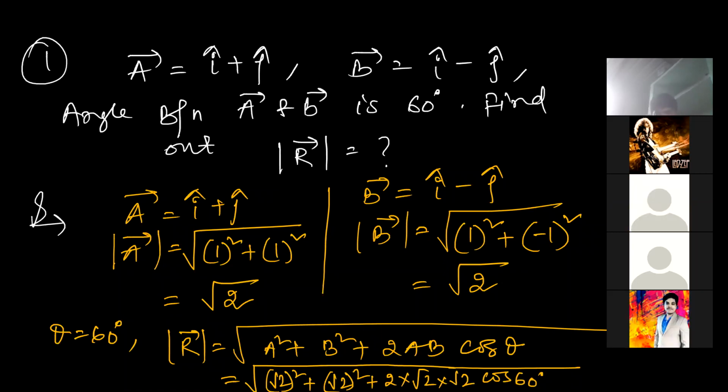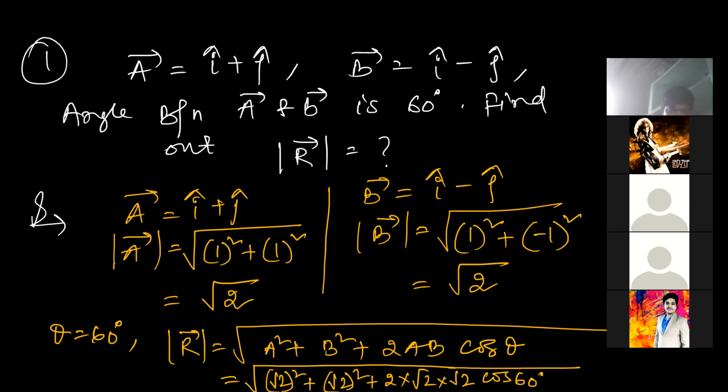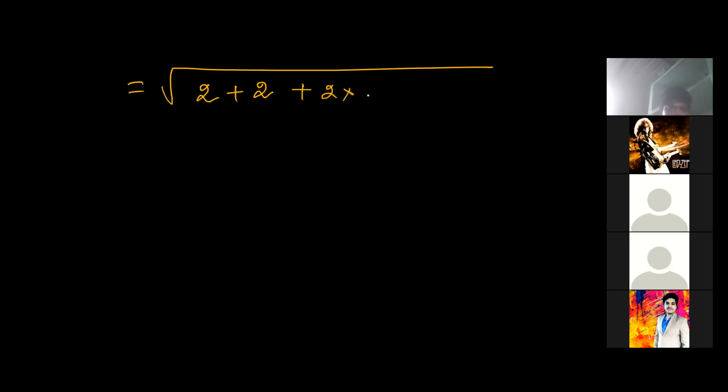Right, this thing we know. Now if I proceed, under root of root 2 square is equal to 2. Then under root of root 2 square is also equal to 2. Then 2 multiplied by root 2 multiplied by root 2 is also equal to 2, and cos 60 has a value of half.